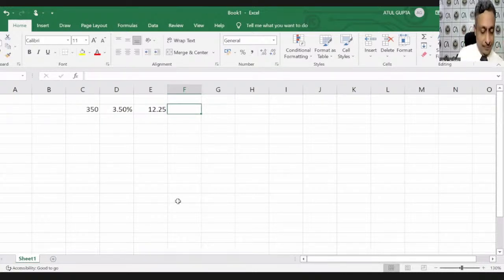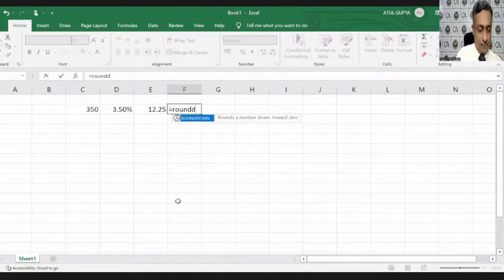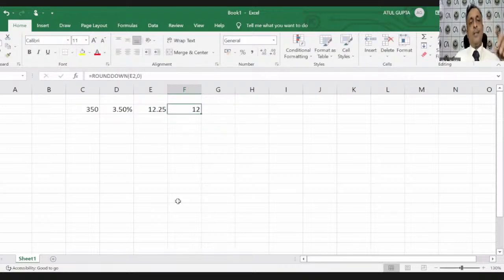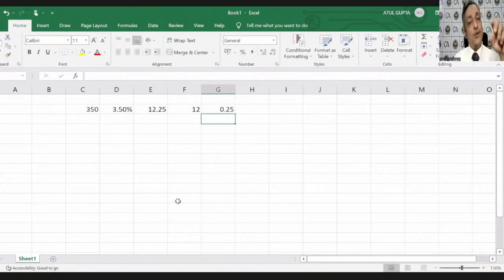There is a command in Excel, round down. So I've used round down. What has it done? It has reduced the interest 12.25 to 12. So there's a balance interest that remains, that is 0.25.